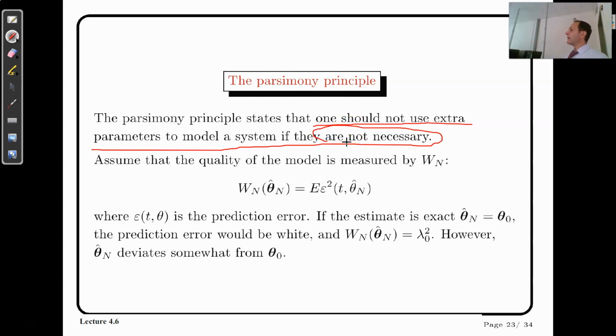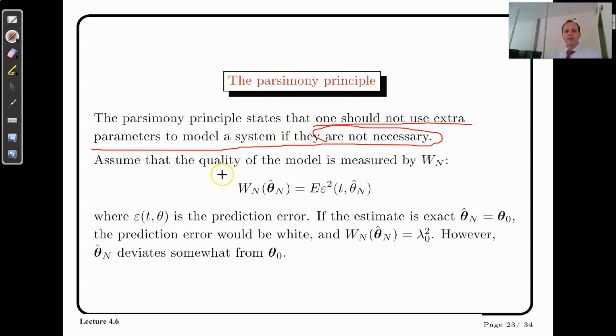So if you can obtain the same solution with a reduced number of parameters, please do not use more parameters. Do not waste time or parameters.